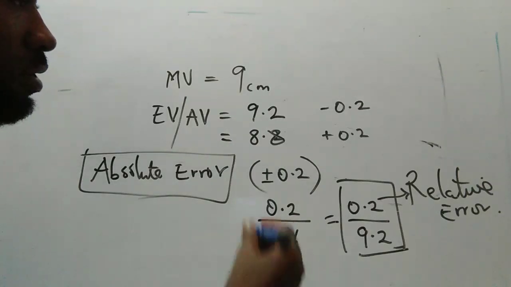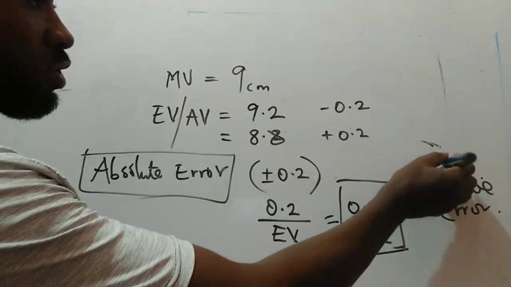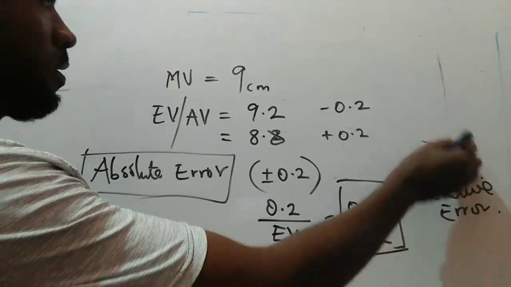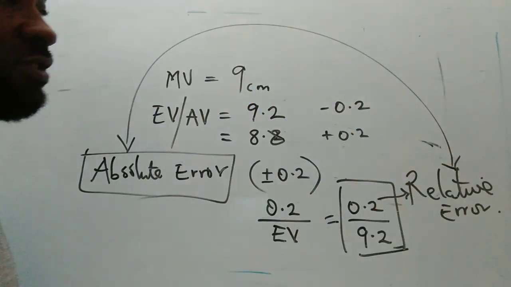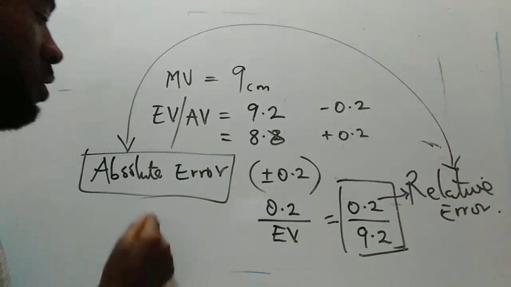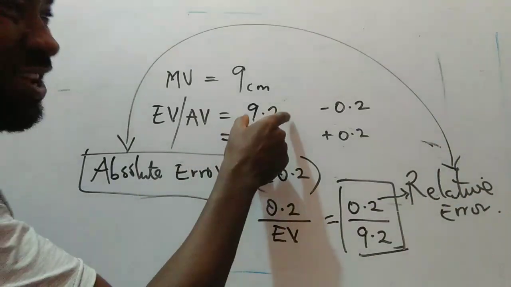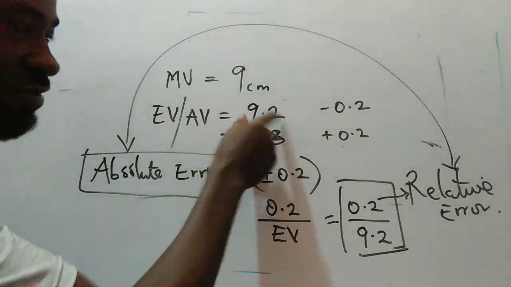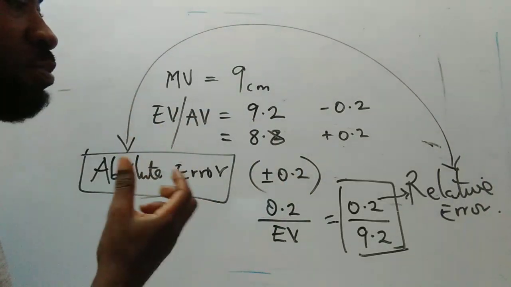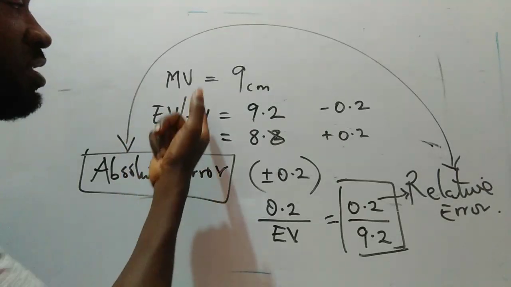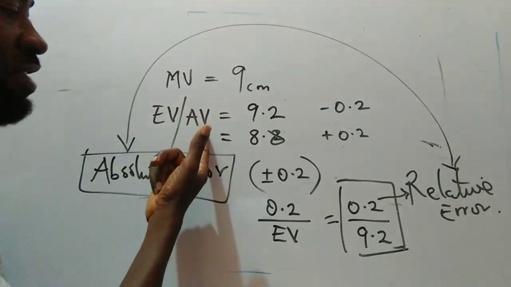So let's always take note of the difference between relative error and absolute error. They are two different things. The relative error is the ratio of this absolute error to the exact measurement or exact value, okay? While the absolute error is simply the difference between the measured value and the exact value.